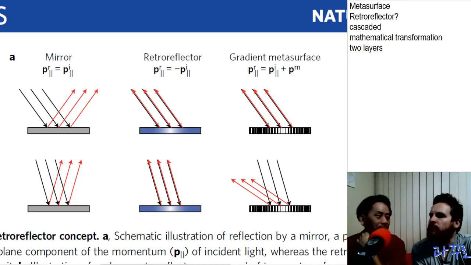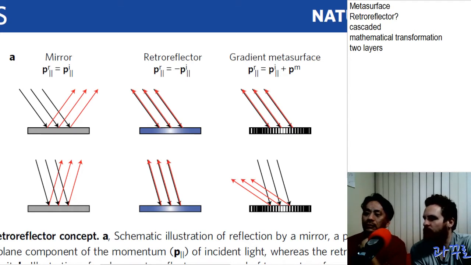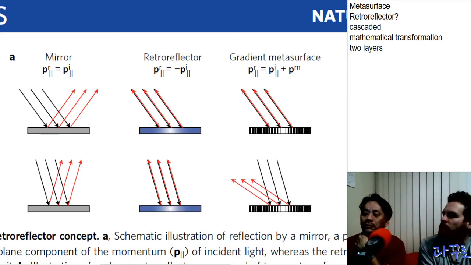I guess what that means is that when P_I, the momentum parallel within the device, is equal but opposite to P_M, then the angle of the reflected light is the same as the incident angle. Right, correct.